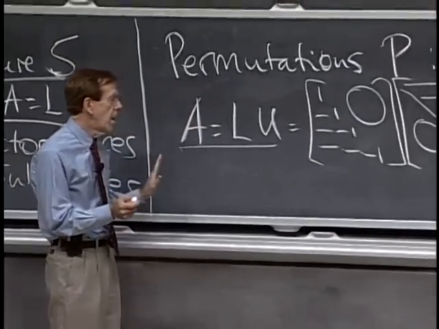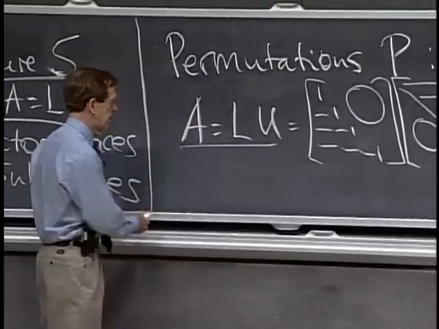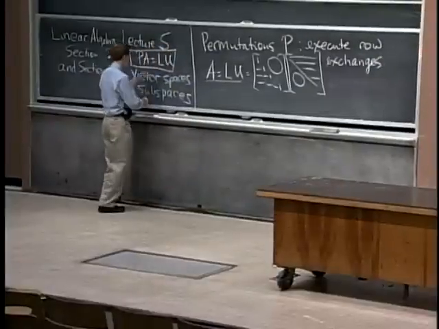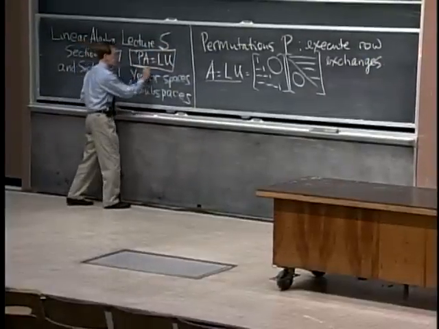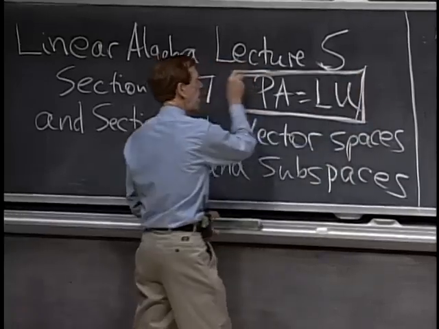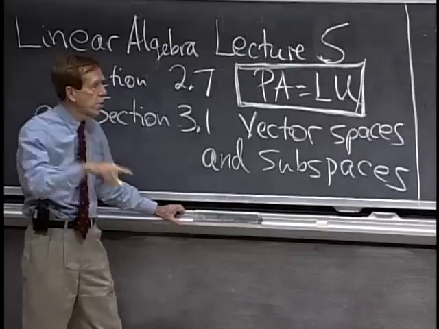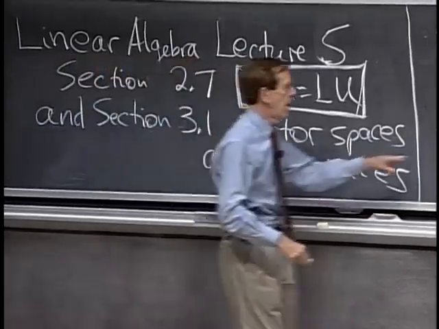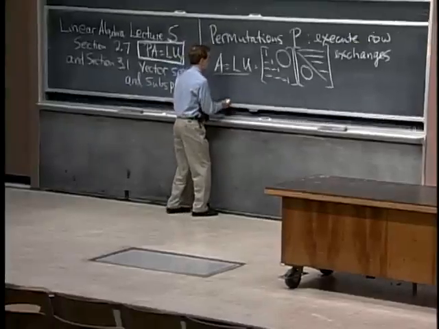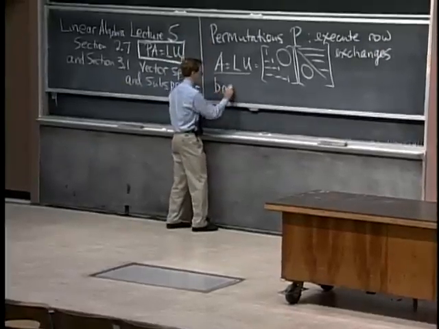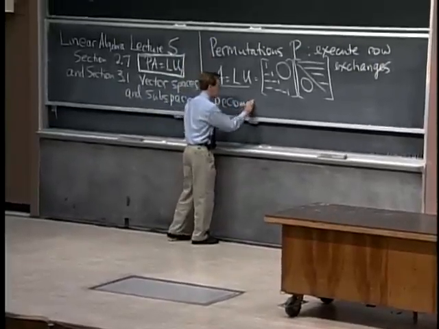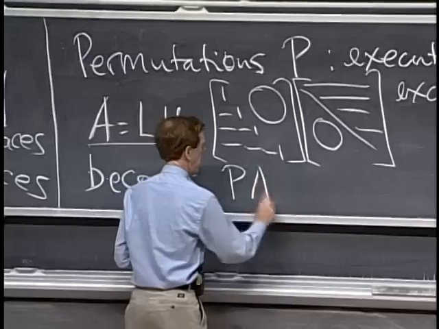And then the result is, it's hiding here. It's the main fact. This is the description of elimination with row exchanges. So A = LU becomes PA = LU.